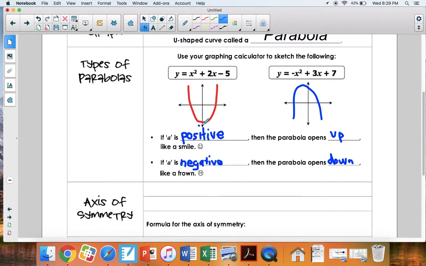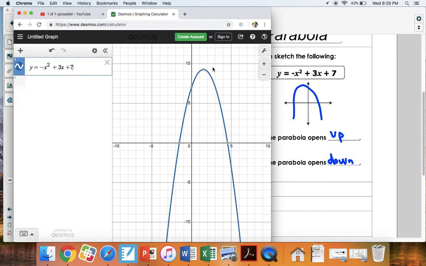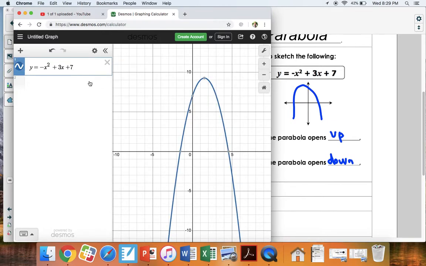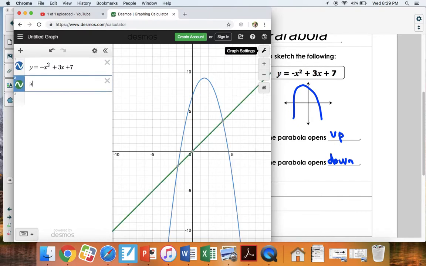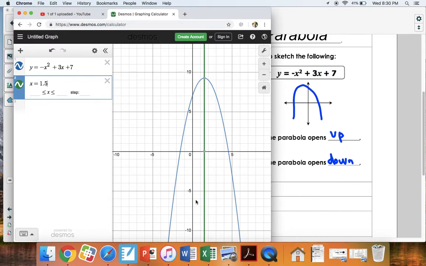The axis of symmetry is the line that this parabola can be folded over. If you look, we can draw this invisible line at about 2.5. Let's see, if I draw x equals 2.5, nope, 1.5. That's where the axis of symmetry is, and I could fold this curve on top of itself and it would be exactly the same on one side or the other.